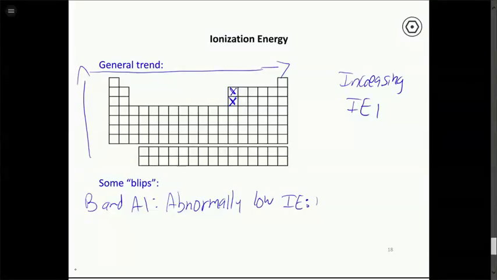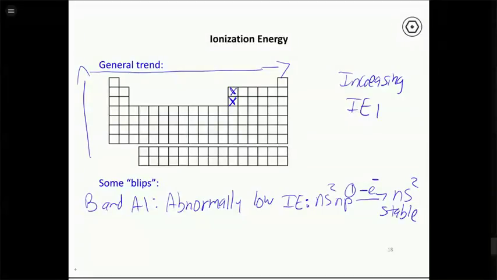Because the configurations for these are ns2 np1, and if we just remove one electron, we get to a very stable ns2 configuration. Alright, so because we only have one little p electron there to remove to get to a stable configuration, boron and aluminum have abnormally low ionization energies.